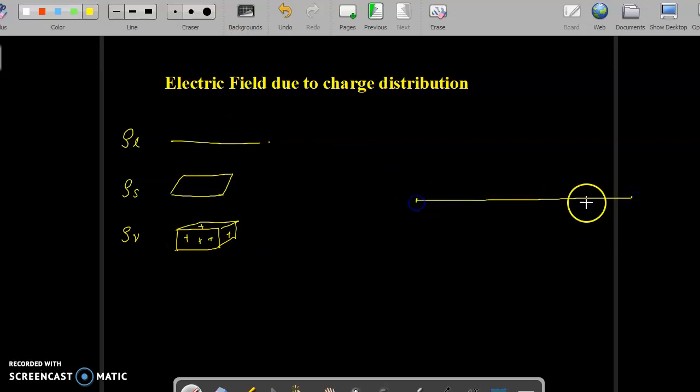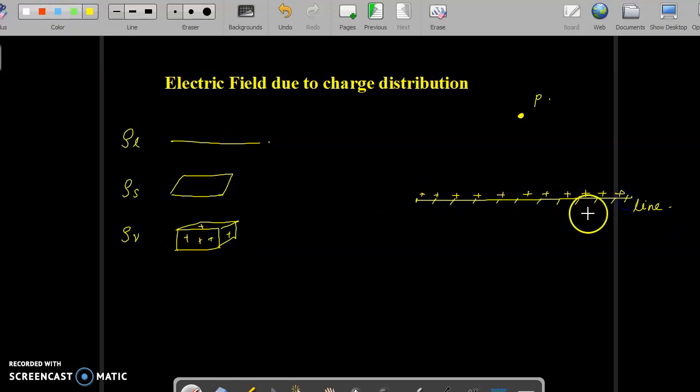This is a line where the charges are distributed uniformly, and I am considering one point, P, which is equidistant from every point on this line. Now I am dividing the distribution equally.